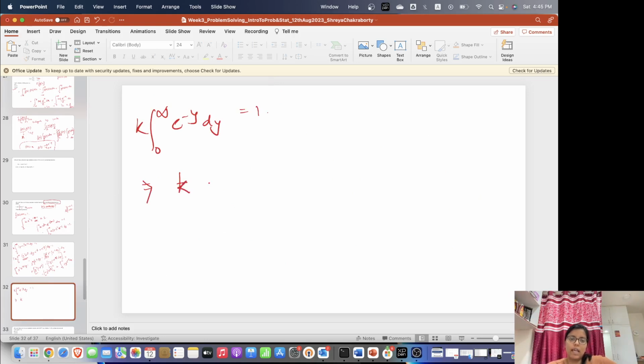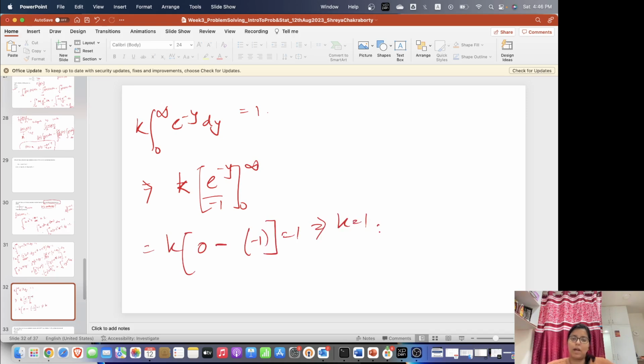So it is k times e to the power minus y by minus 1 from 0 to infinity. This is 0 minus minus 1 equal to 1. That means k equal to 1. I am getting k to be 1. How much are you getting?